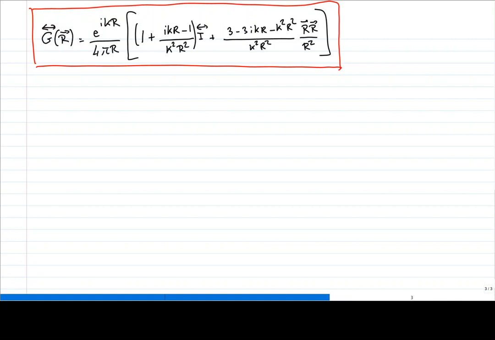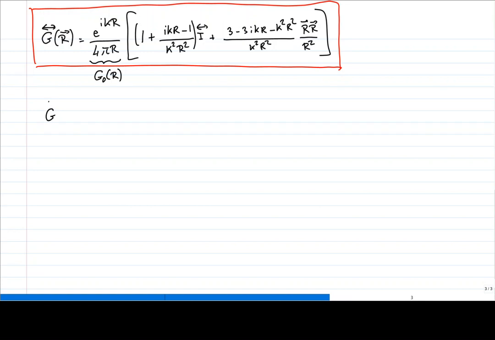I'm going to relabel that G0 of r, which is just the scalar Green function, for simplicity, and then we're going to develop this expression.